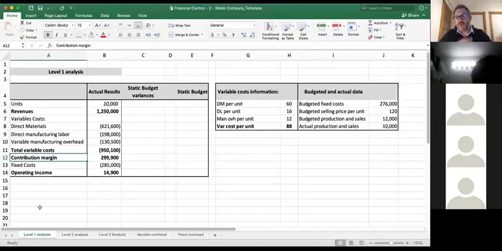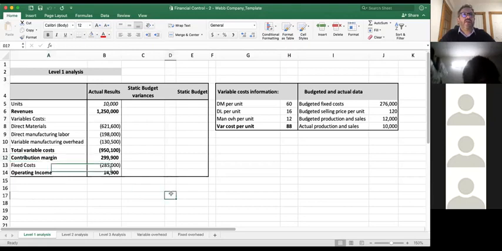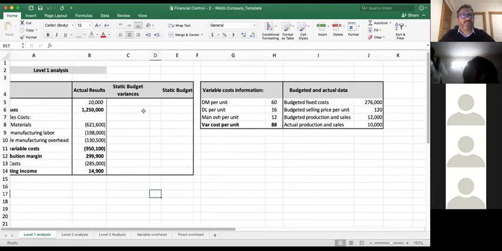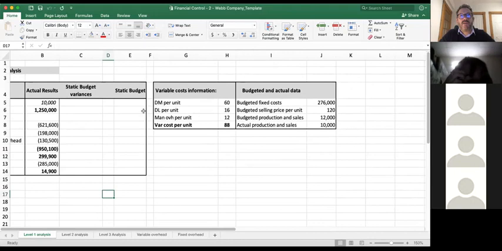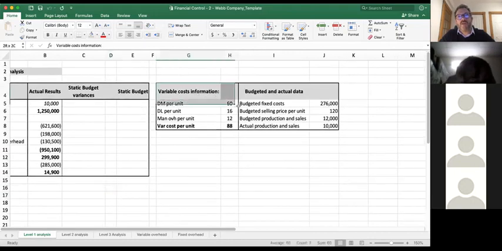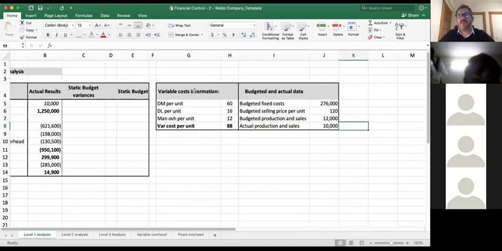In this part of the seminar we go back and forth from the Excel file to the theory. You find here the information about your web company, the data provided in the case. You will certainly remember it. We just discussed these amounts, 88 for the variable cost per unit, budget fixed cost, and so on.